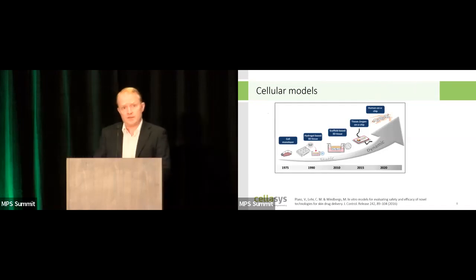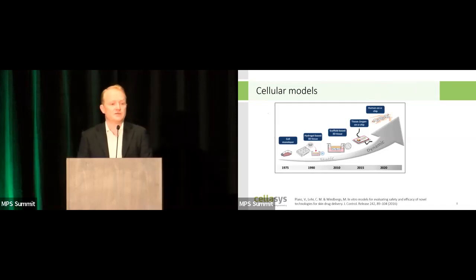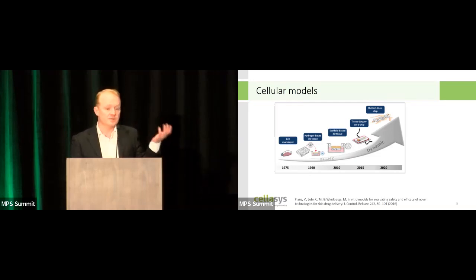To look at the historical development of the cellular models, here we have that great comic from Plants et al., showing how it developed from the end of the 19th century. First we had cellular monolayers, then they became more complex.